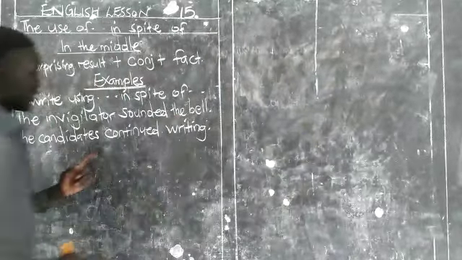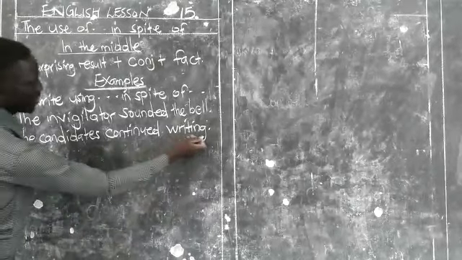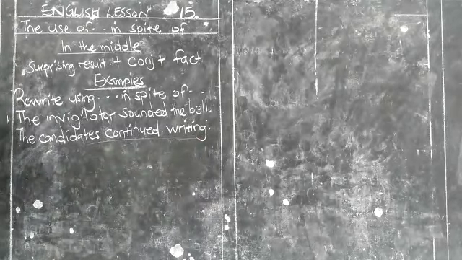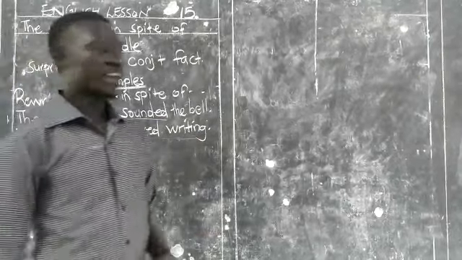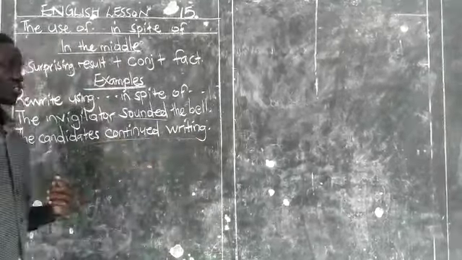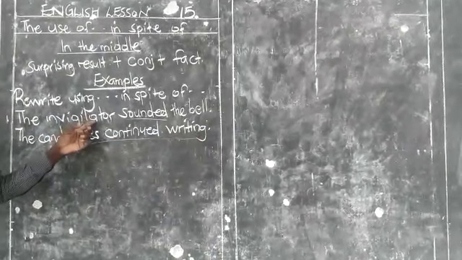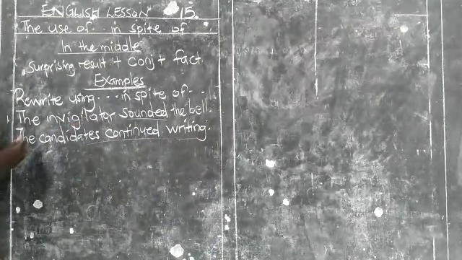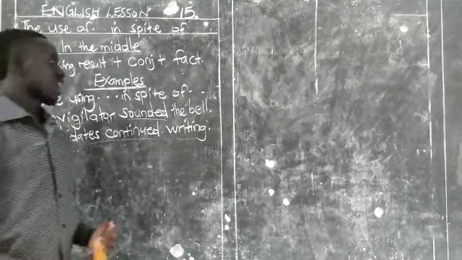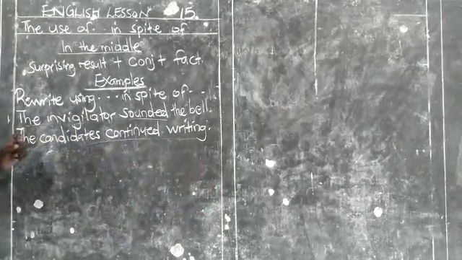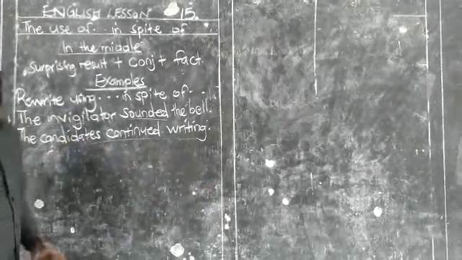I think the surprise here is the candidates continued writing. In reality, the moment you hear the bell, you are supposed to stop writing, but here it was the opposite. It was contrary to what had happened. So in this case, the fact in the sentence is the invigilator sounded the bell. And the surprise is the candidates continued writing.